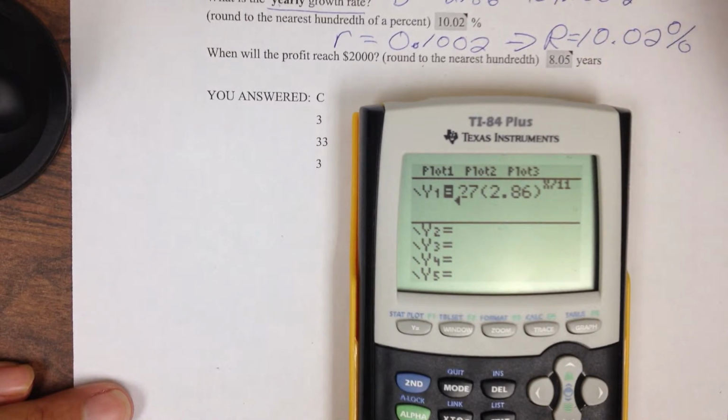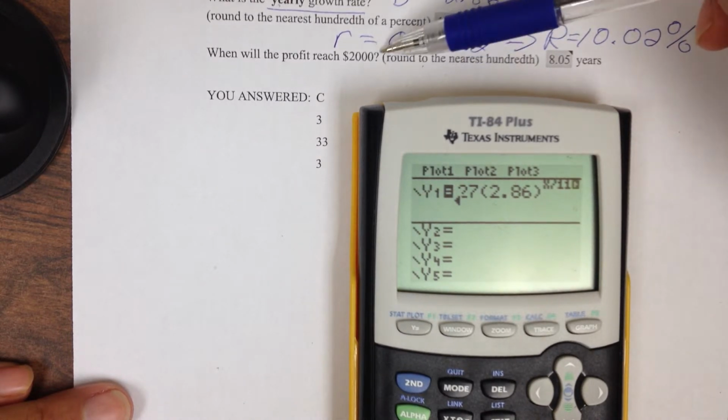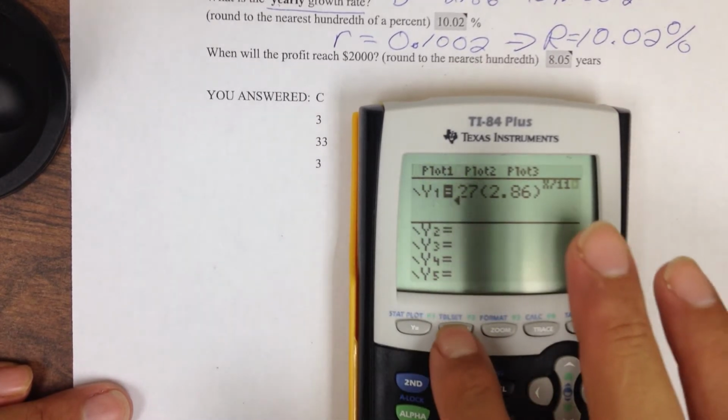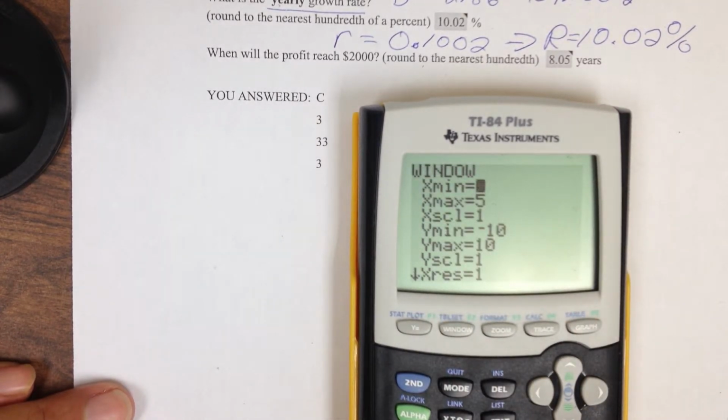So 186% larger is almost 3 times larger. So when I multiply this by 3, I'm going to get a number bigger than 2,000. So what does that tell me? My window. It's definitely going to happen after time 0 because I start off at 927, and it's definitely going to happen before 11 years.